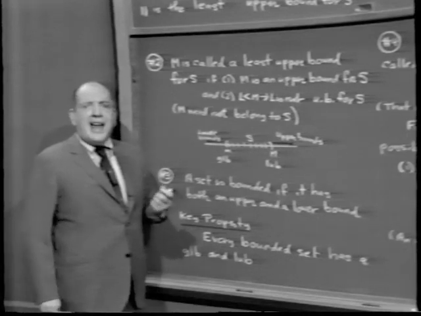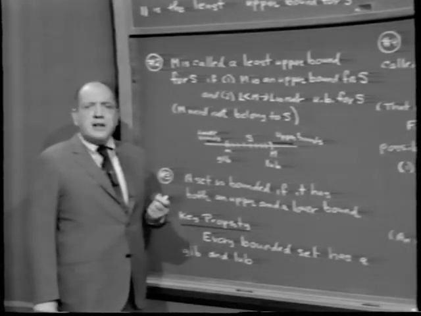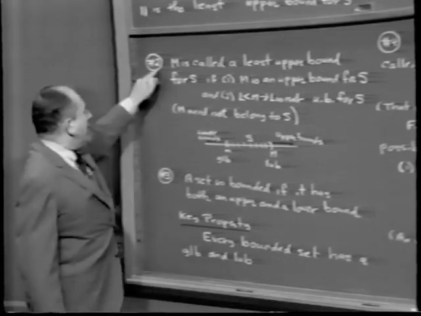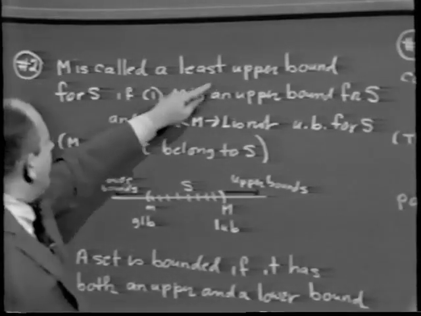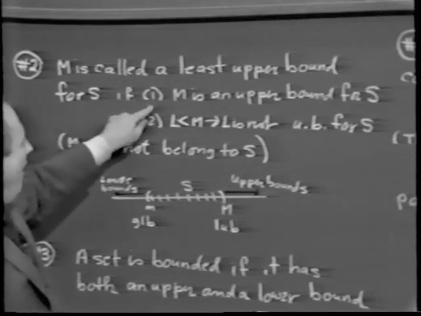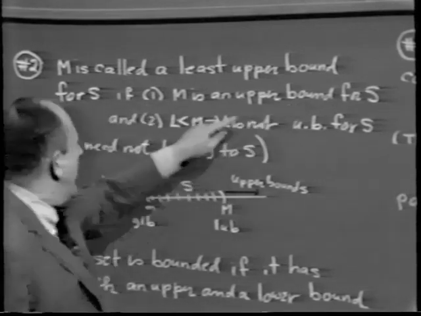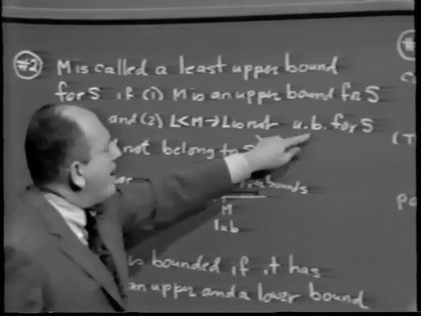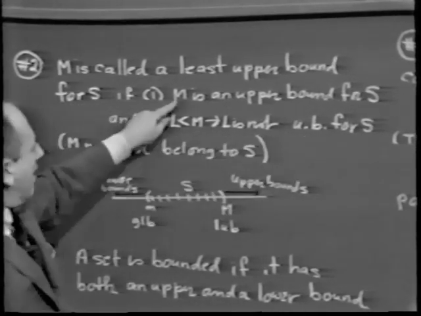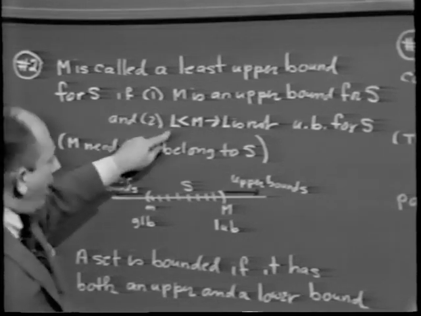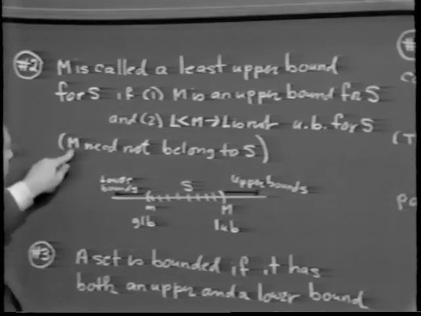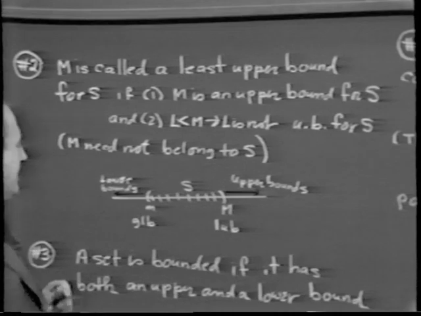In other words, a lower bound for S would be a number that was less than or equal to each member in S. At any rate, M is called a least upper bound for S if, first of all, M is an upper bound for S, and secondly, if L is less than M, L is not an upper bound for S. In other words, least upper bound means what? Anything smaller cannot be an upper bound. Notice, in terms of our previous remark, that the least upper bound need not belong to S.